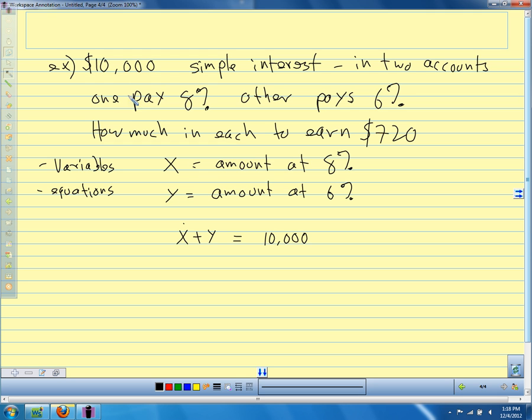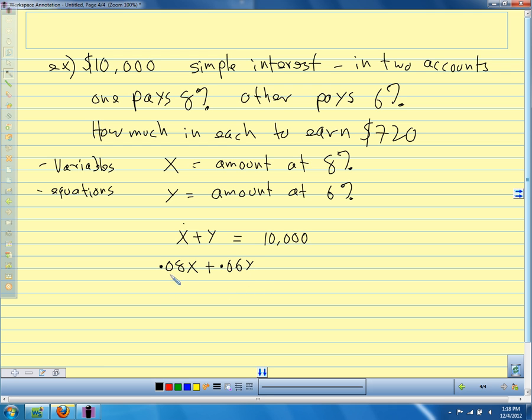The problem tells us that the one is going to pay us 8% interest, the other pays 6% interest, and we want the total to be $720. So 8% as a decimal, how do I write 8% as a decimal? 0.08 times however much I invest in that account, plus the 6% interest as a decimal, 0.06 times y.